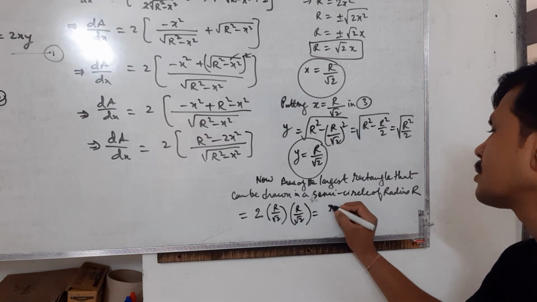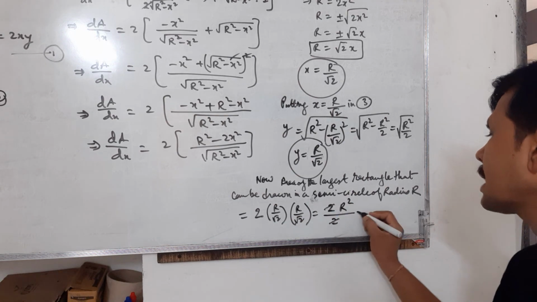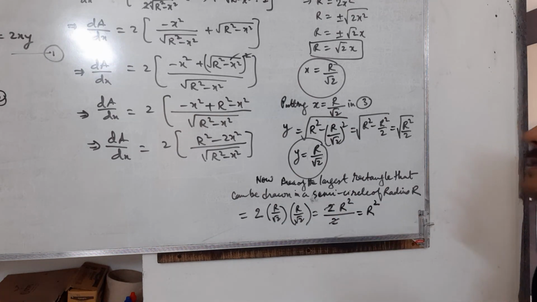So this is 2 times r square upon root 2 into root 2, the 2s get cancelled. So the answer is r square.